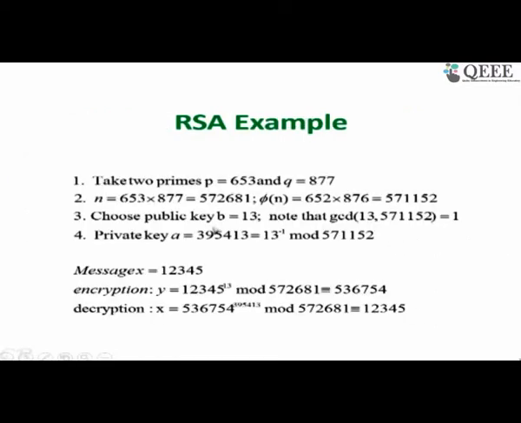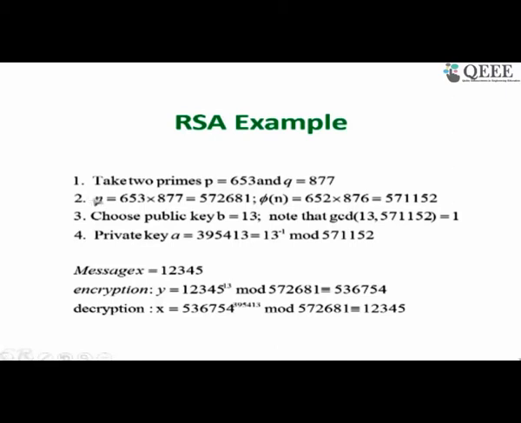Just to take an example, let us assume that the two primes p and q: p has a value of 653 and q has a value of 877. So what Bob would do is select these two primes. These are much smaller primes. In reality, the primes would be much larger.